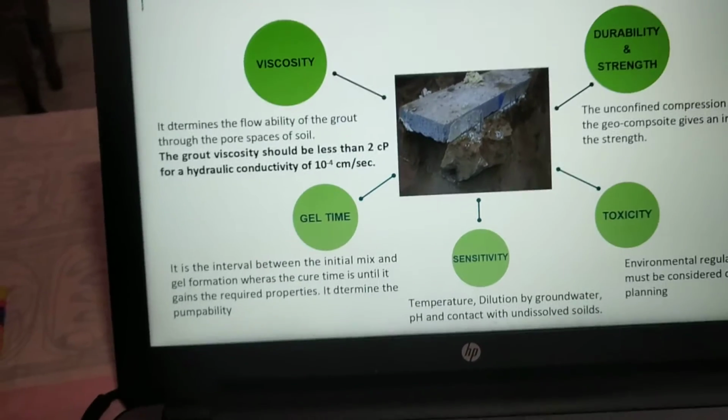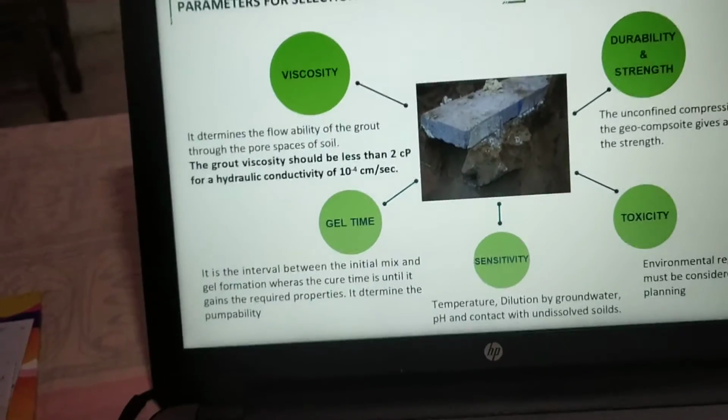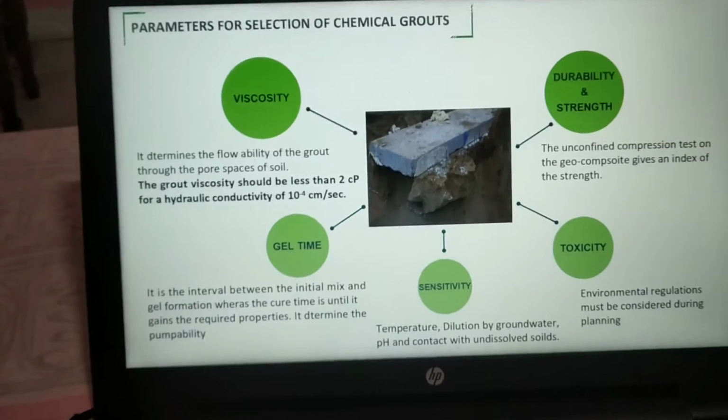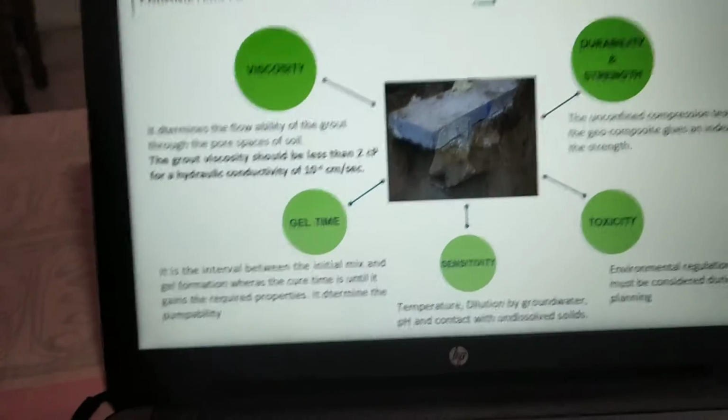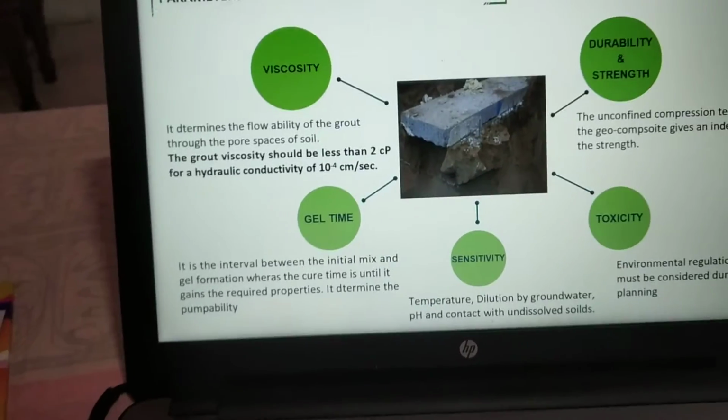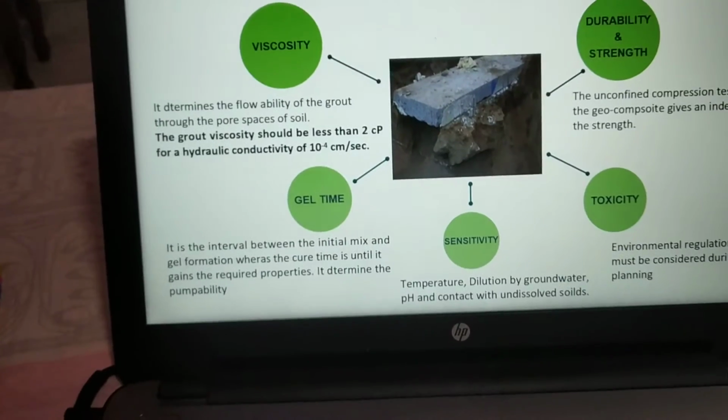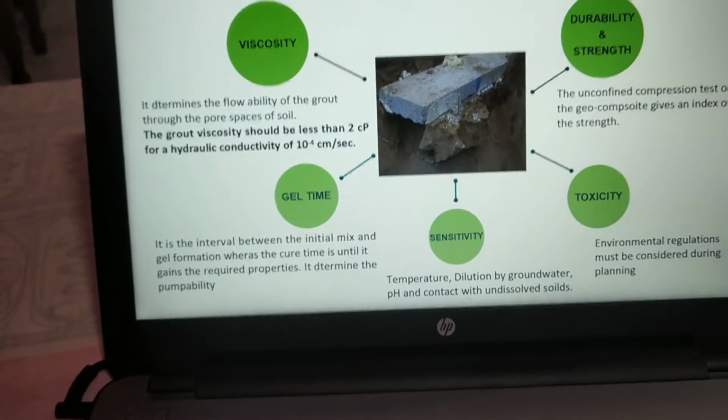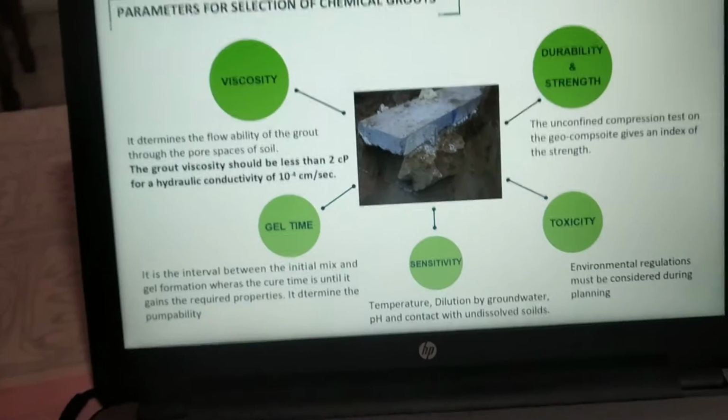As in the chemical grouts, there are two processes which can be used for injecting the chemical grout, which include the one-shot process and the two-shot process. In a one-shot process, we initially mix the grout with all the additives, catalyst and auxiliary agents and inject it into the rock mass.